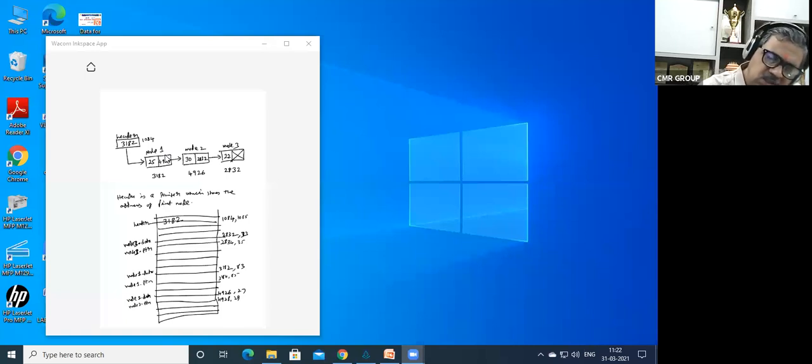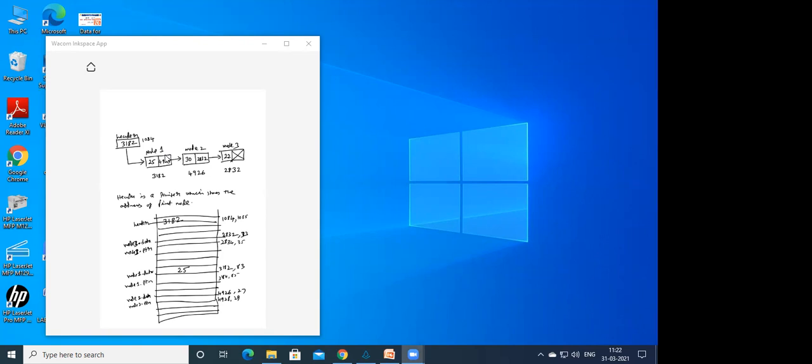Now the header is storing 3182, that is node 1. Node 1 value is 25. What is node 1 dot ptr? It stores the address of the next node, node 2, which is 4926.